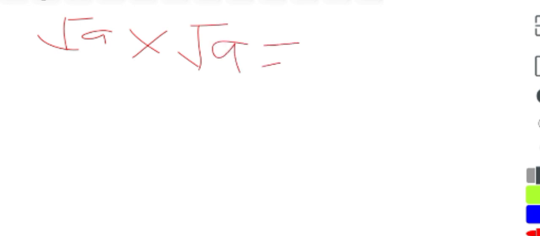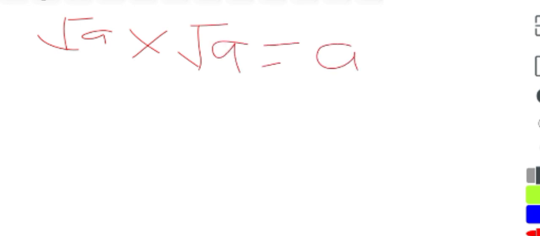Now, conjugates of surds is all about changing a radical to a non-radical. Now, if I have root a, and I'm asked to find the conjugate of root a, what am I going to multiply root a with to eliminate the square root, or to change root a to a rational number? So I'm going to need to multiply this with root a, because root a times root a gives us a.